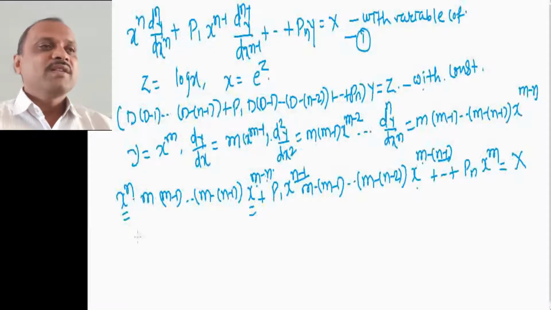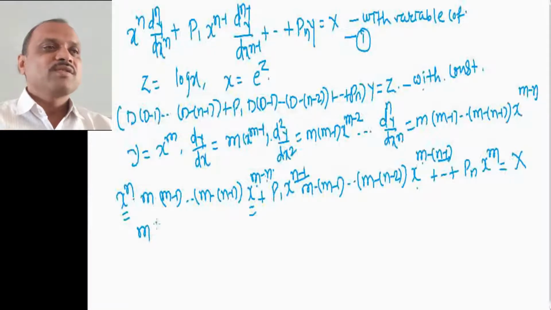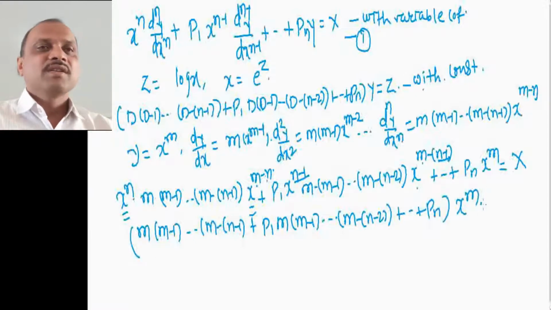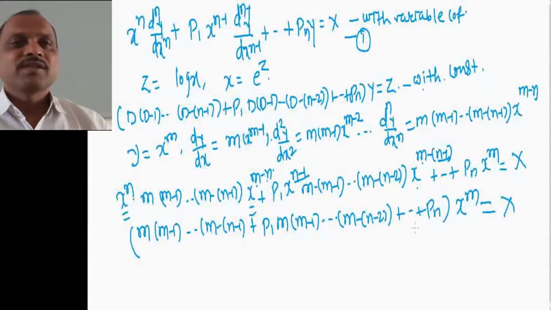Now you can take x raised to m as common and we remain with m into m minus 1 up to m minus n plus 1, plus p1 into m minus 1 up to m minus n plus 2, plus pn, into the common term x raised to m equal to X.